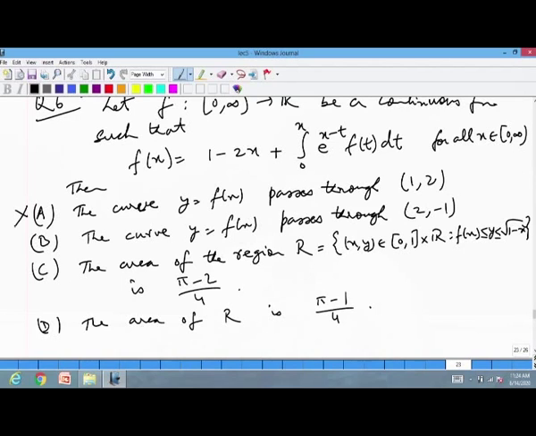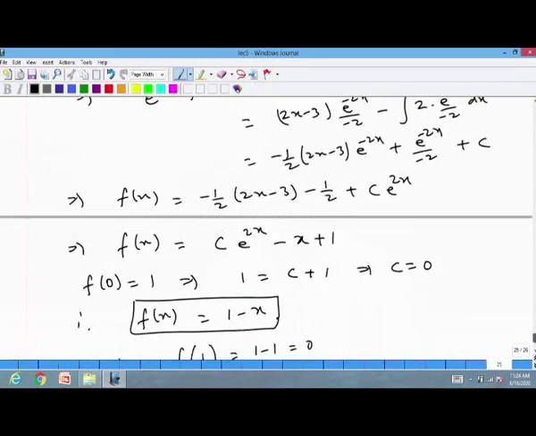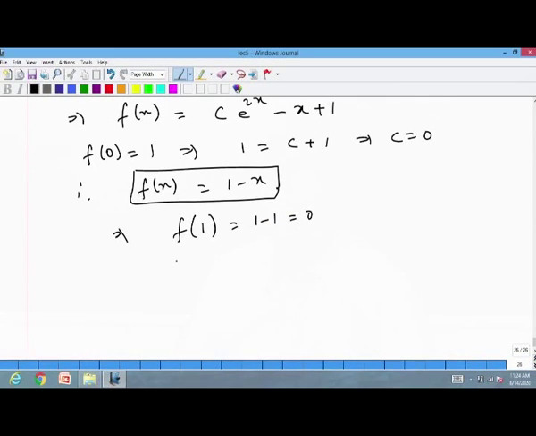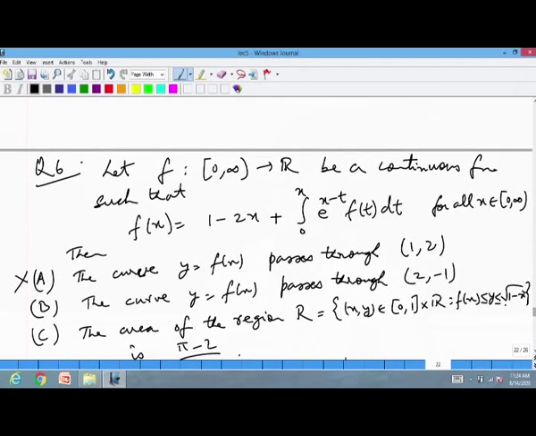So, option A is wrong. Option B is passes through the point 2 comma minus 1. So, what is f of 2? It is 1 minus 2 equal to minus 1. So, therefore, B is correct.